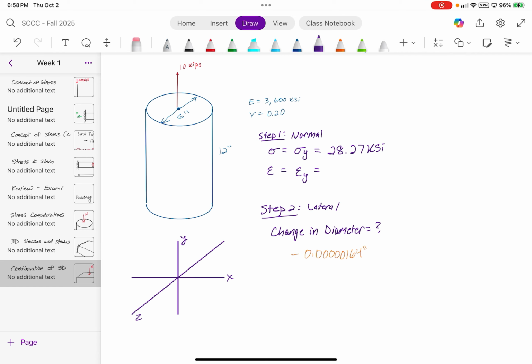So the stress is just going to be the force over the area. It's going to be the 10 kips, positive because it's in tension, divided by the area, which was pi over 4 times 6 inches squared, which will give you roughly 0.354 ksi.